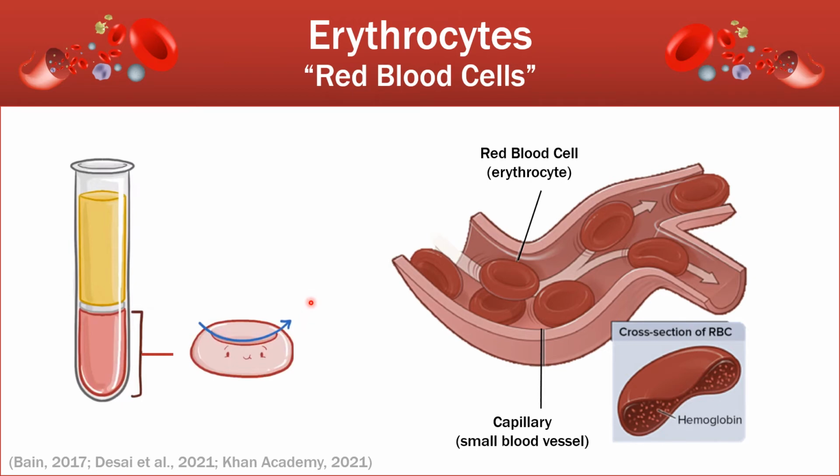And what this does is make the cell more flexible to be able to fit through the smallest blood vessels, such as capillaries. This shape also increases its surface area, which helps them conduct gas exchange more efficiently.